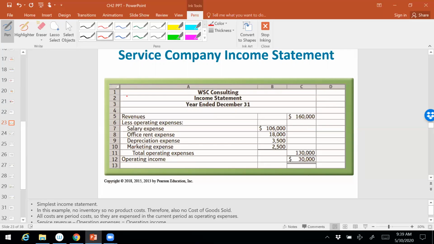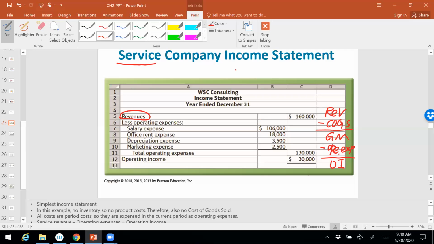Revenue minus cost of goods sold gives you gross margin, and then minus your operating expense gives you operating income.